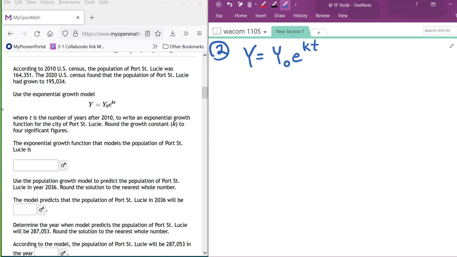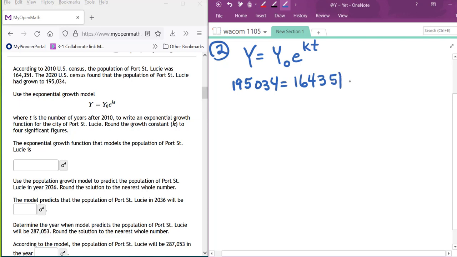So first we will use these two. So we're going to use the 195,034, and our initial in 2010 was 164,351. We don't know k, that's what we're going to find. And between these two years, 2010 and 2020, subtract those and you get 10 for t.